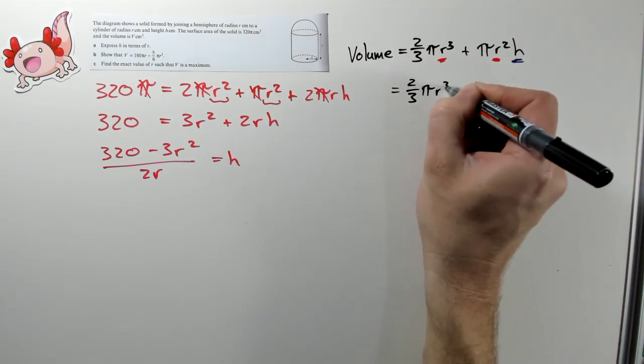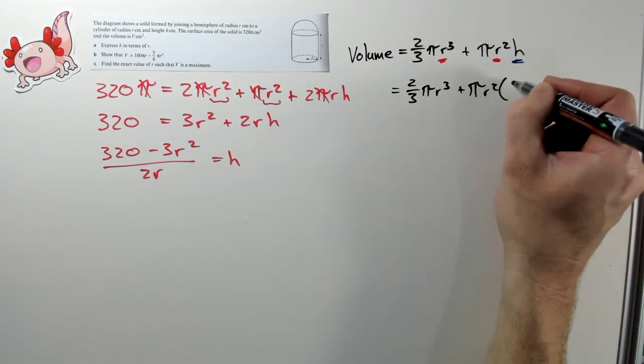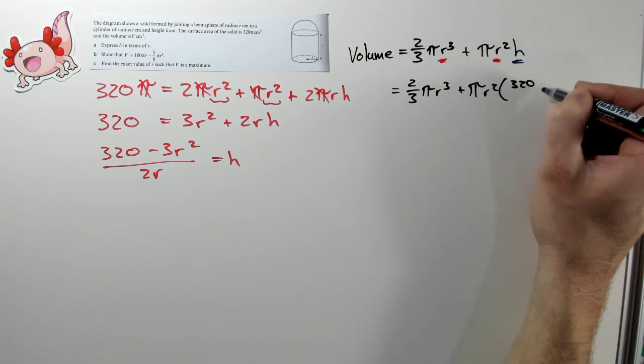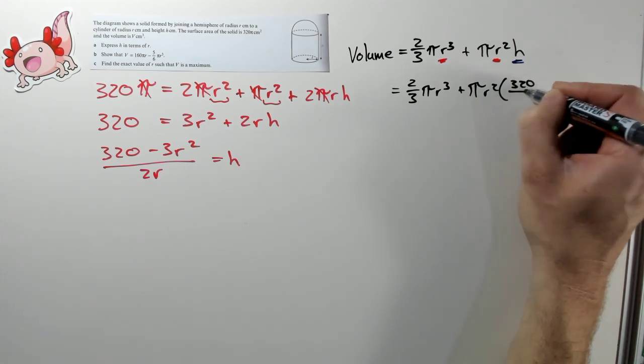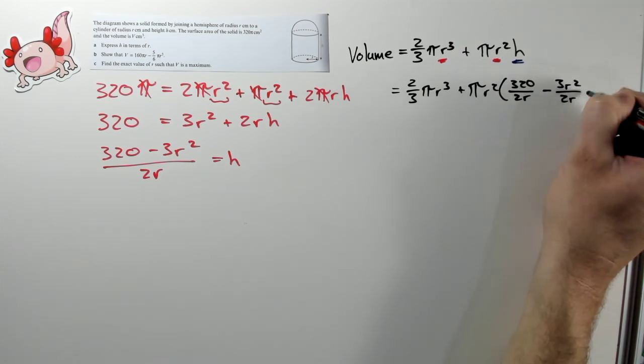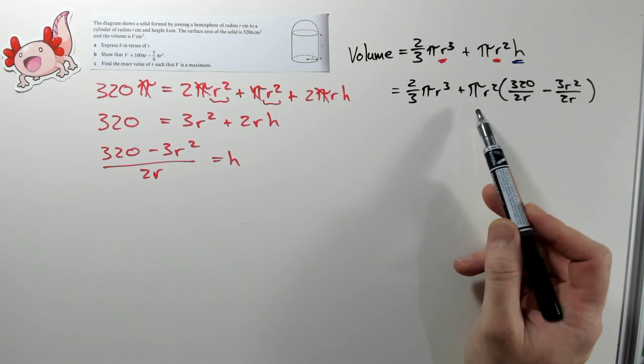So we have the r cubed here, and then the pi r squared, and this whole thing is going to be in here, so it's going to be 320 over 2r, and minus 3r squared over 2r. I don't have to, but just for the explanation, I'll split them up.